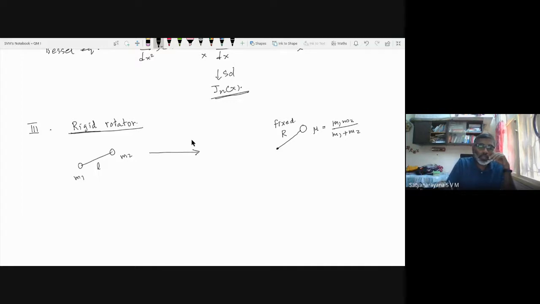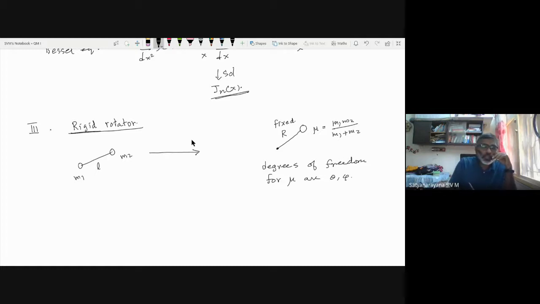And then this particle can move anywhere on the surface of a sphere because the rotation can be there anywhere. So the degrees of freedom for mu are theta comma phi, because it can be moved on the surface of a sphere.